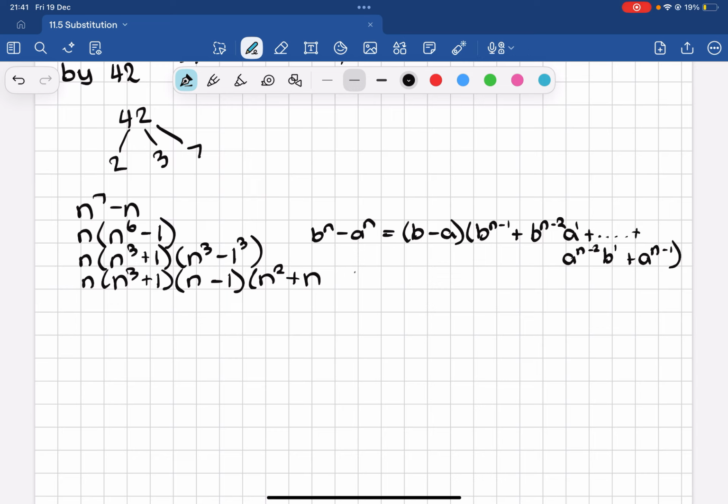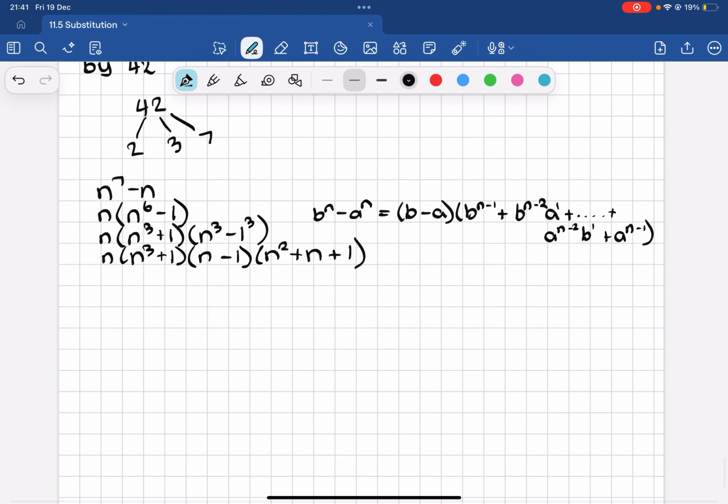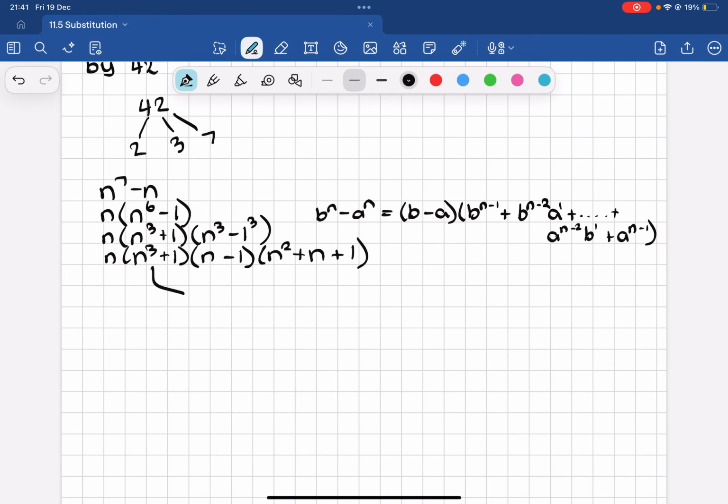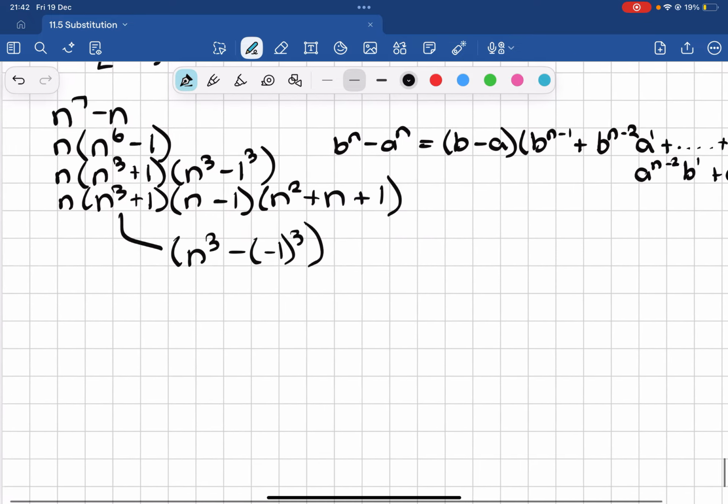And then we've got the last term, a to the n minus 1, which is 1 to the 3 minus 1, which is 1 squared, which is just 1. Now, you think it could be done, but we can write n cubed plus 1 as n cubed minus 1 cubed. Evaluate this, we get n cubed plus 1.